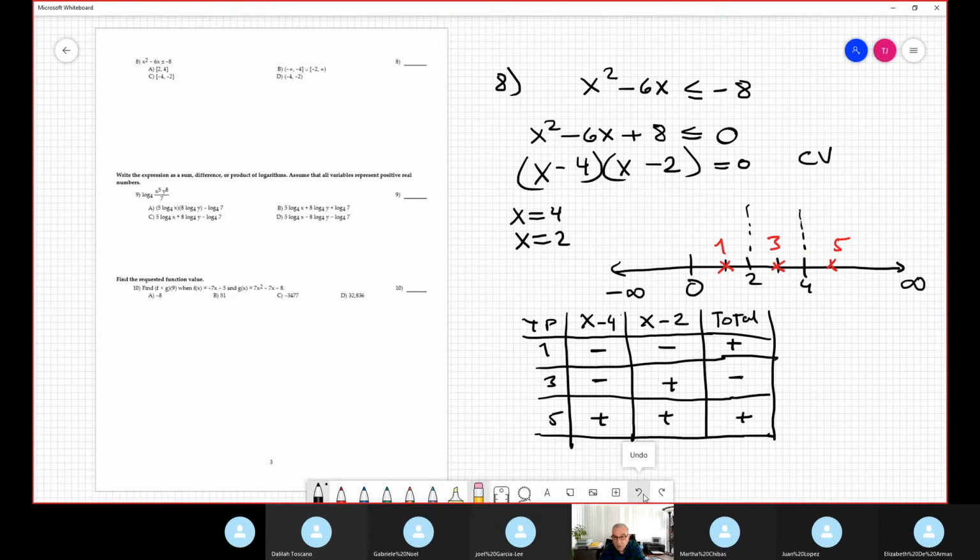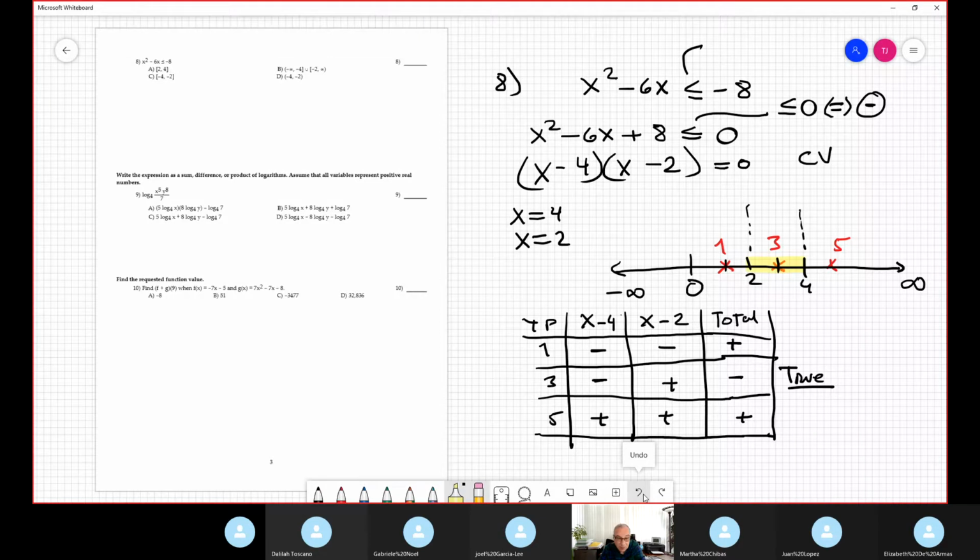We come back now to our original problem, and the original problem says this. Less than or equal to 0 is equivalent to saying negative, and the true one is this guy. So the only testing point that passed the test was 3. Therefore, the interval in which 3 lies is the solution. It's this piece.